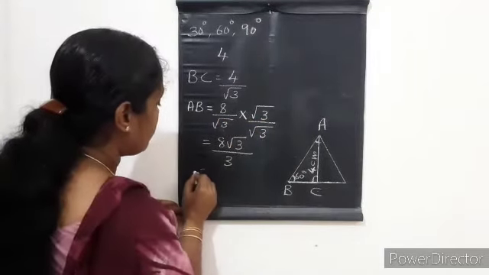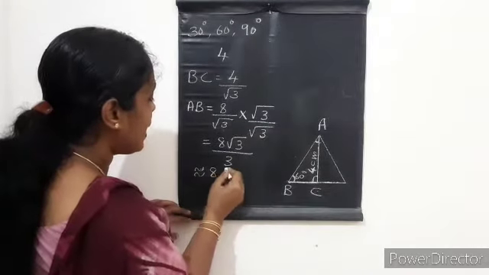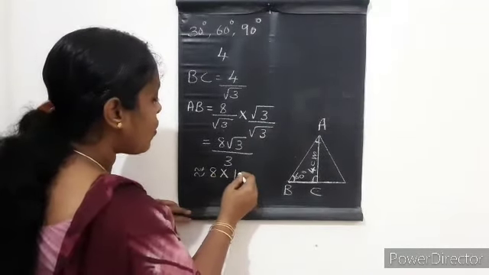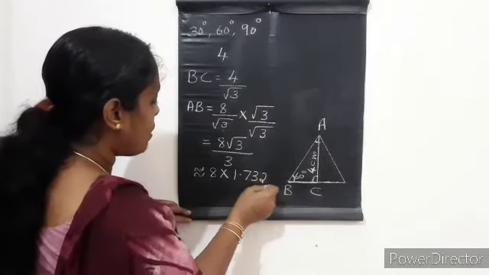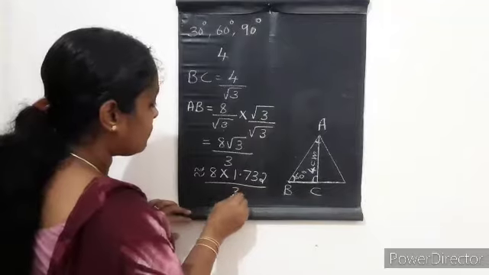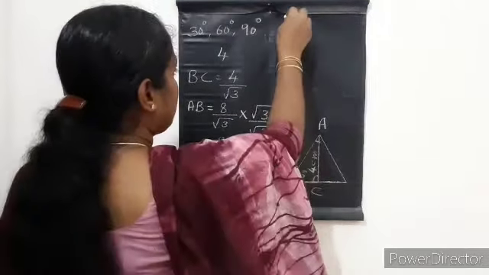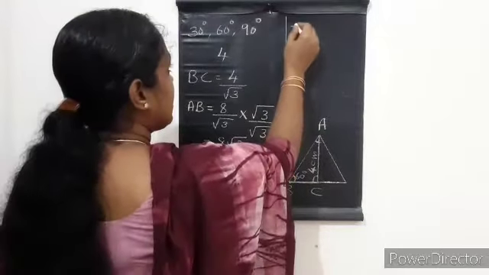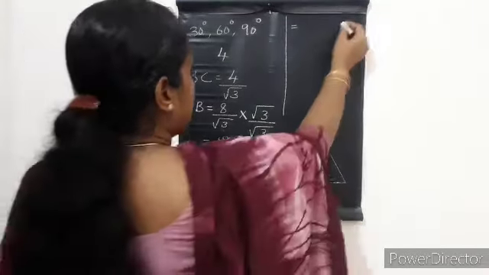And this is equal to, we give the approximate value of root 3 here, that is 8 into 1.732 by 3. After multiplication, this is equal to 8 into 1.732, that is 6.